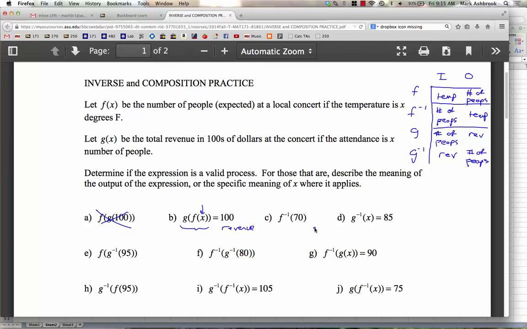Right. Okay, with this next one, G inverse of Gx is 85. How about, I can't remember your name, tell me. Yep, blue shirt, yep. G inverse of Gx is the number of people. This is a number of people, so that 85 is? The revenue.